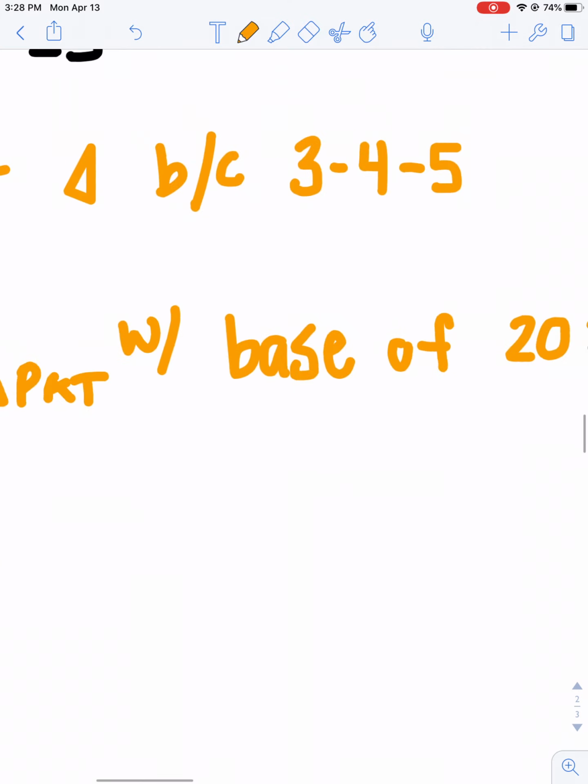The area of triangle PKT with a base of 25 now is equal to 1/2 times our base of 25 times our unknown height.